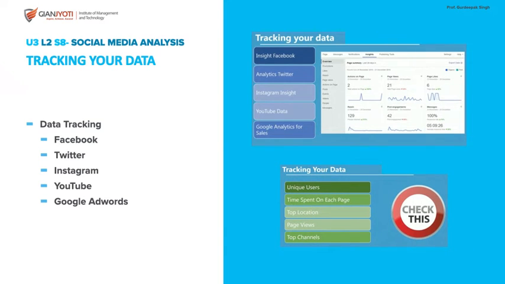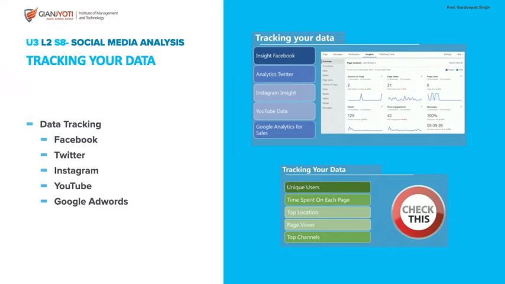So there are 5 particular parameters for which you must track your data. Number one is the unique users. There could be duplication, so who are your unique users who are not being duplicated? And time spent on each page. That is very important to record and follow and track.